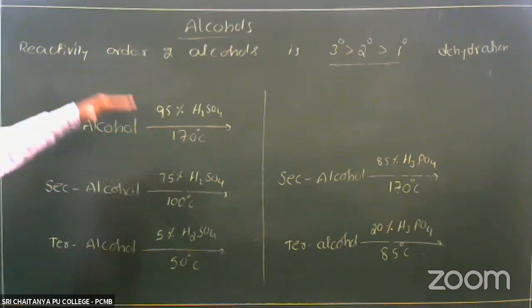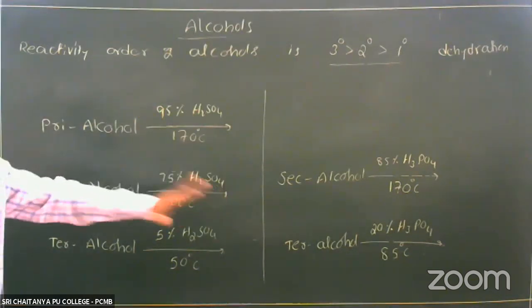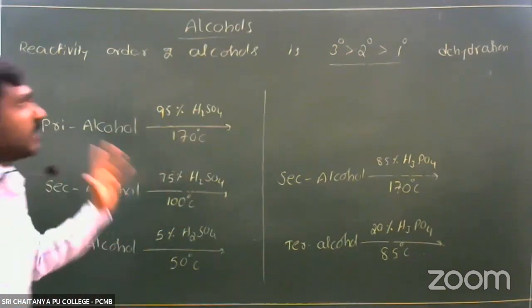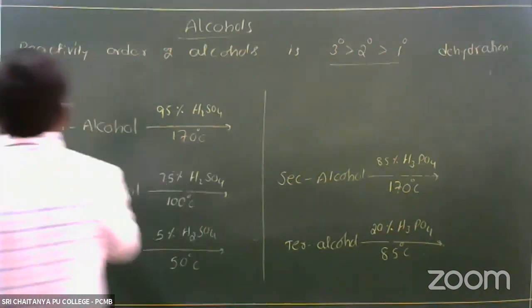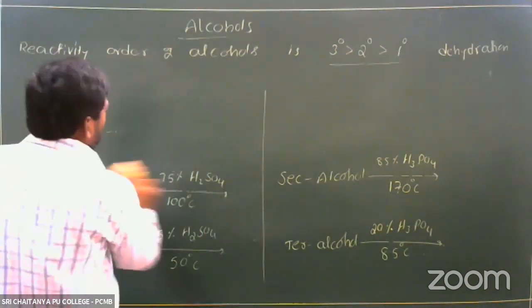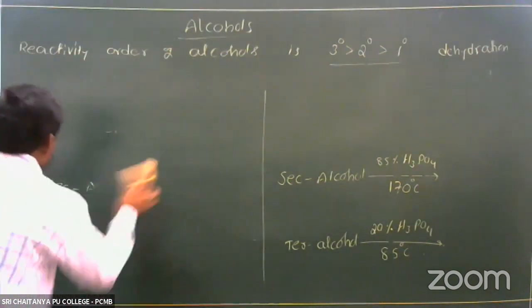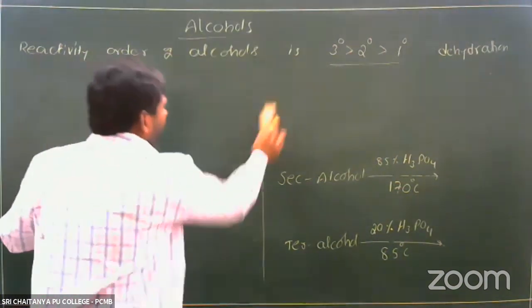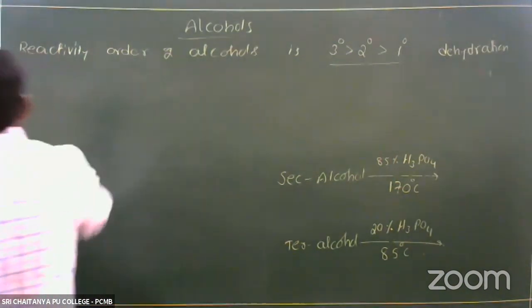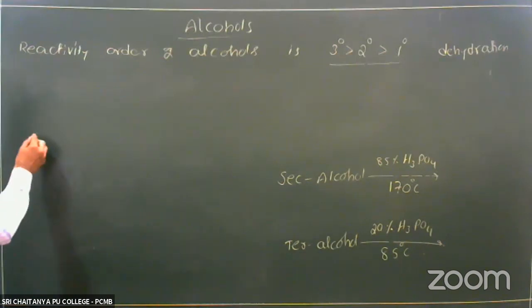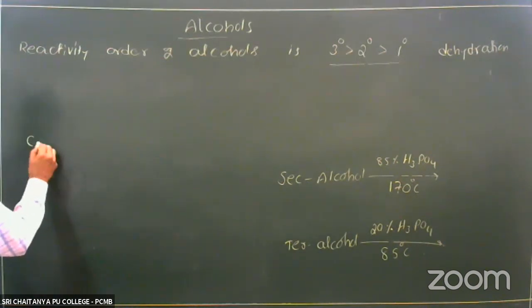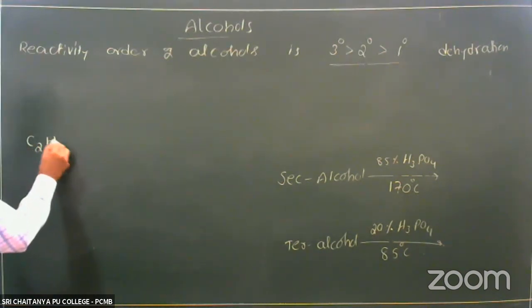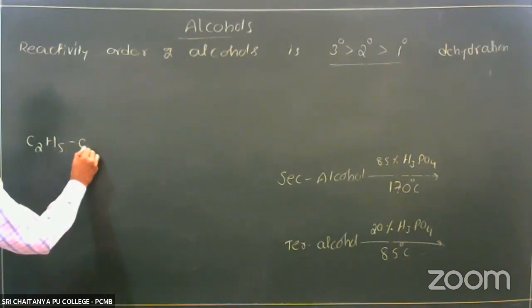Commonly we use sulfuric acid, next phosphoric acid, or alumina is also used as a dehydrating agent. If we use aluminum oxide, Al2O3, let us see the product formed and the temperature required. Example, take ethyl alcohol, a primary alcohol.